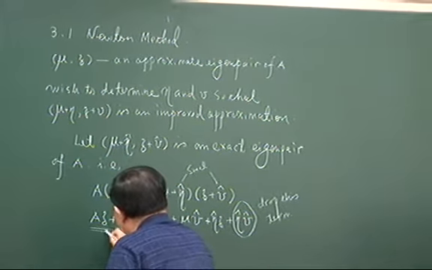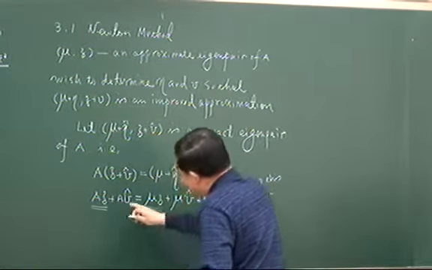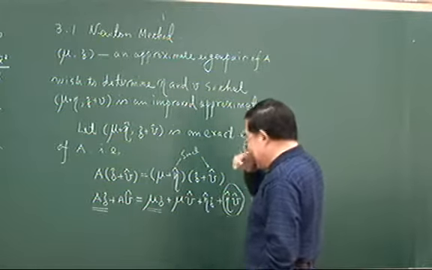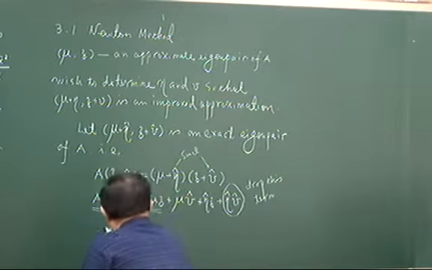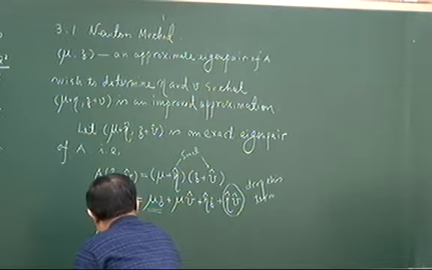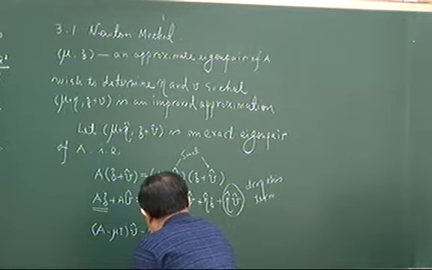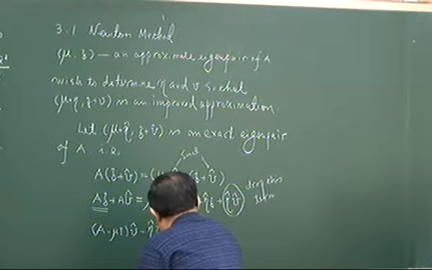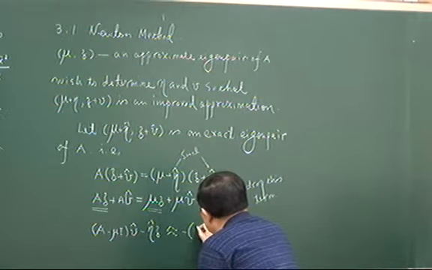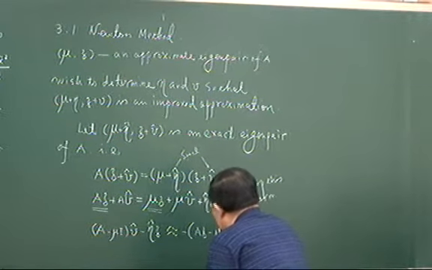We get approximately this. A is known, z is known, mu is also known. But this has unknowns. So we get (A minus mu I) v minus delta mu z is approximately equal to Az minus mu z.